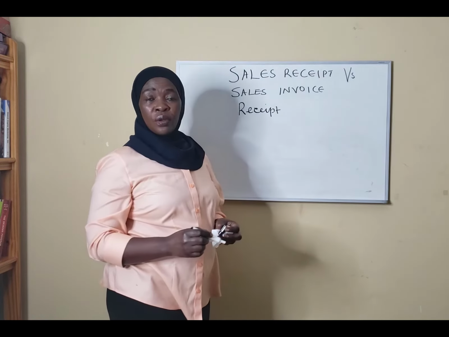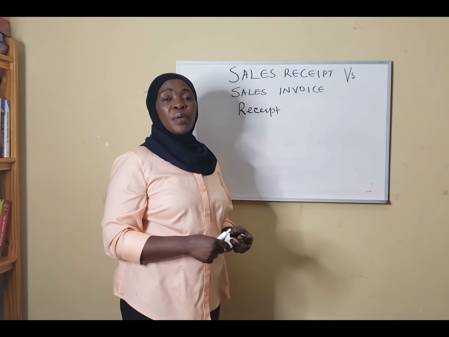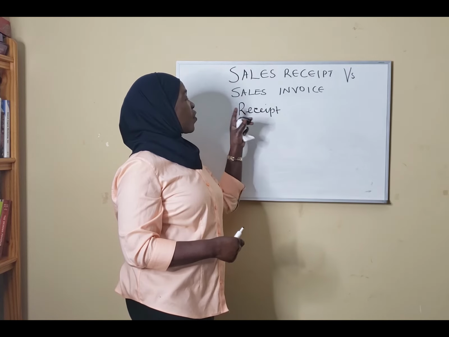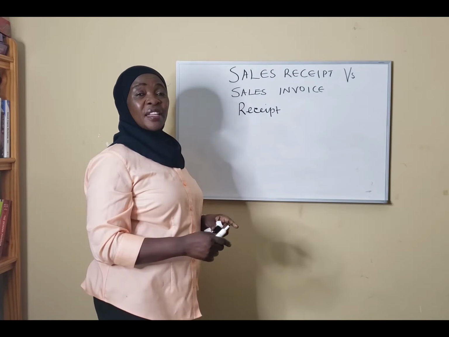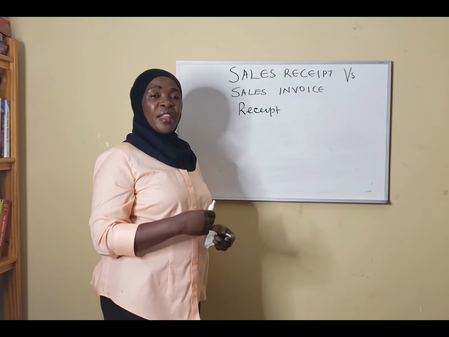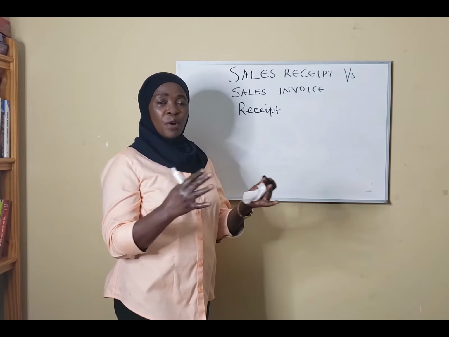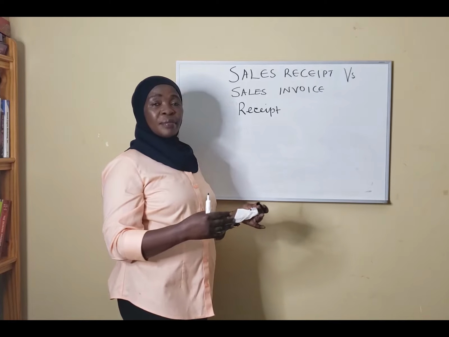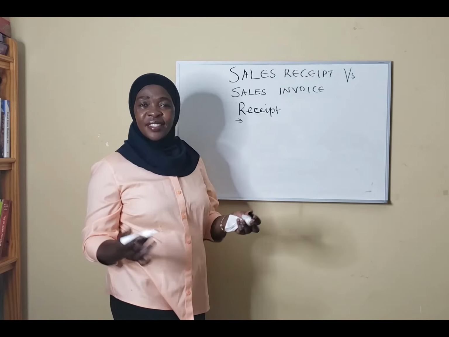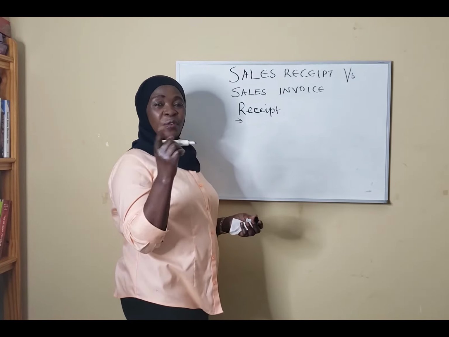Depending on what you do, you could be selling goods, products, or providing a service. The main difference is that for a receipt to happen, you have been paid. The customer has paid you in full. Maybe you have a small shop and someone comes to buy a shirt or shoes, whatever you're selling, and they could pay in different ways.